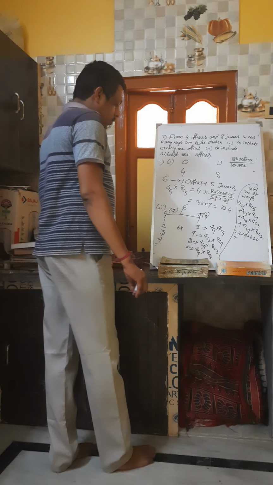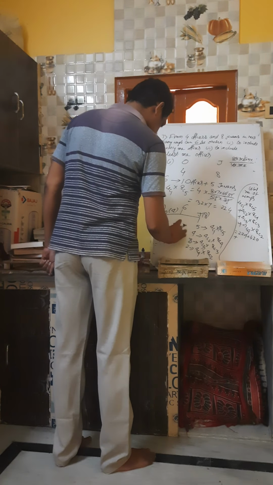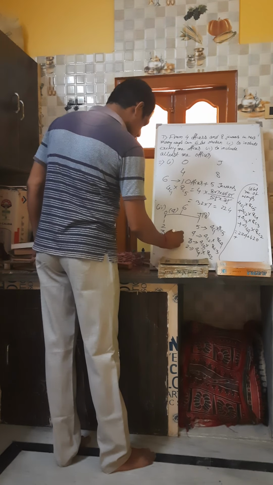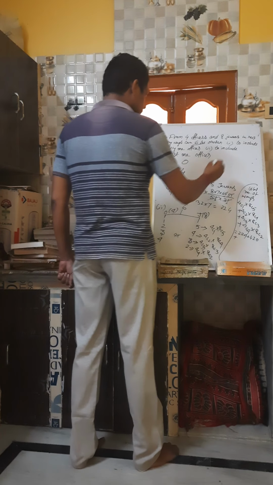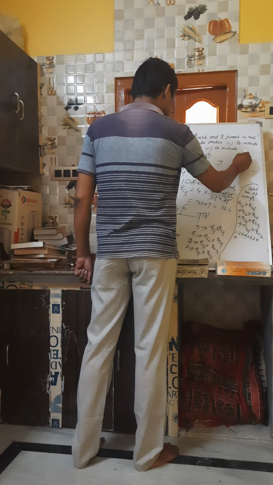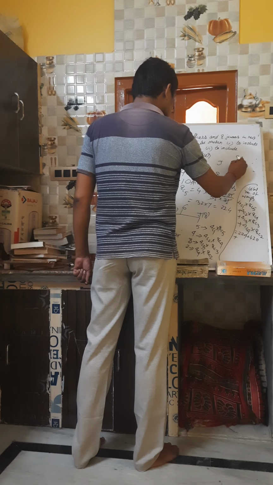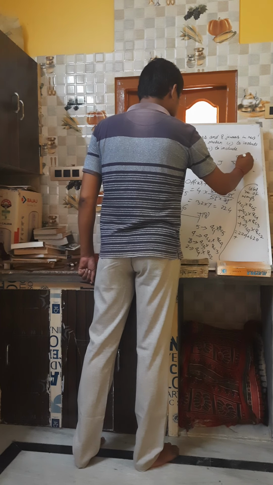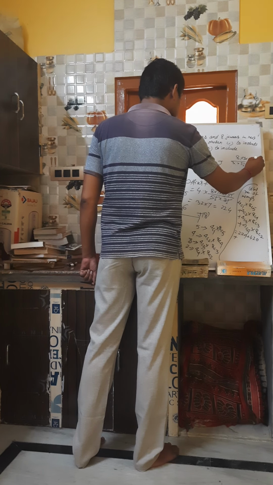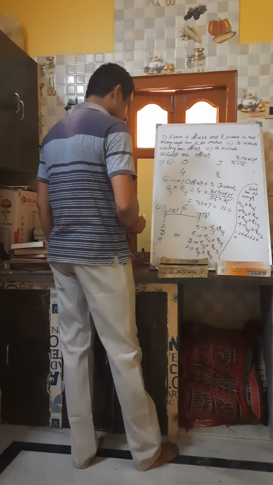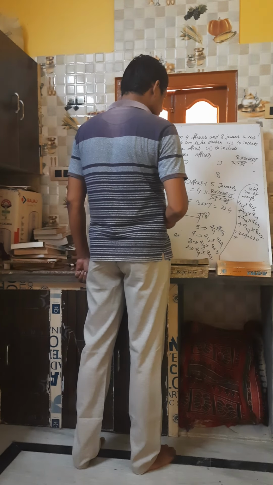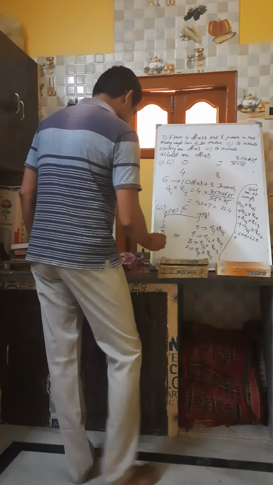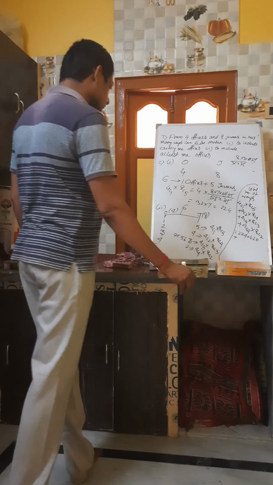Next, 4C3 means 4. Then 8C3. That means 8 factorial over 3 factorial into 5 factorial. So this can be written as 8, 7, 6, 5 factorial, and 5 factorial gets cancelled. 3 factorial is 6, so 8 into 7 is 56. So this will be 56.